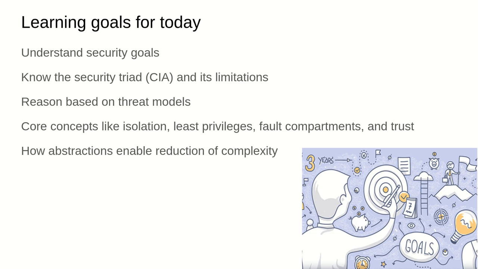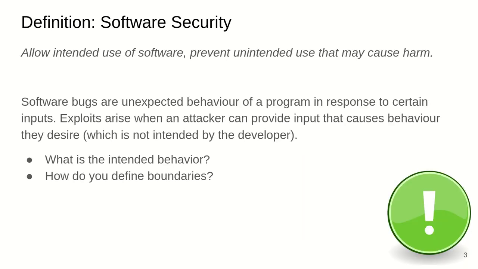So let's dive right in and start with the core definition of software security. Software security allows intended use of software and prevents any unintended use that may cause harm. So this is quite a loaded definition. For this to actually work, we need to know what the intended use of software actually is.